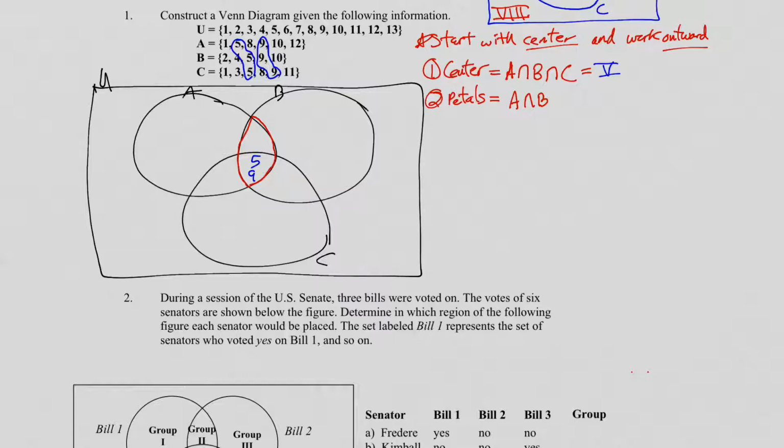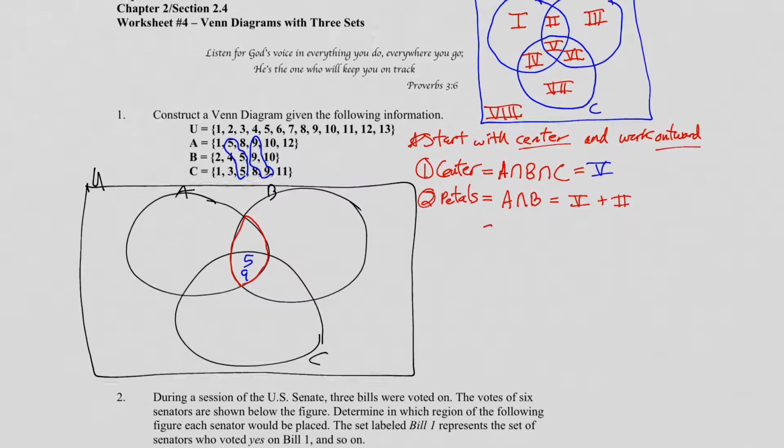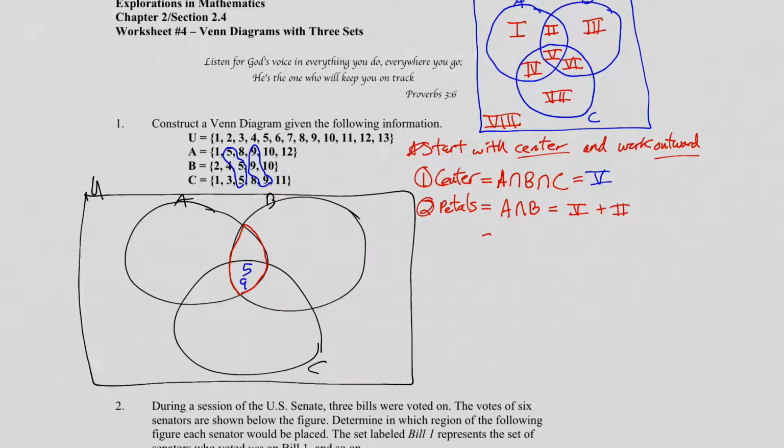Okay, and that is the result of region 5, which is in the center, plus region 2. Okay, and we can look up here to reference the regions.